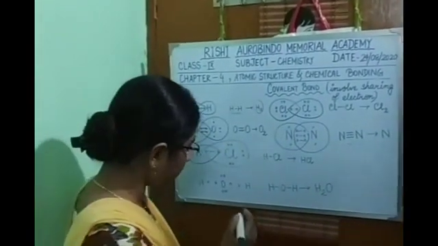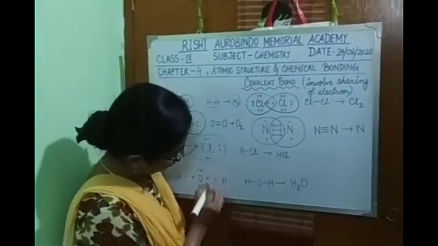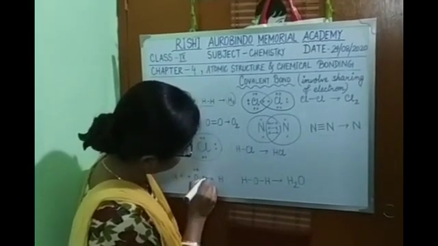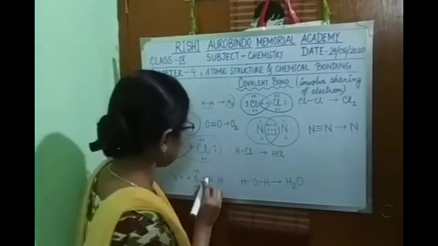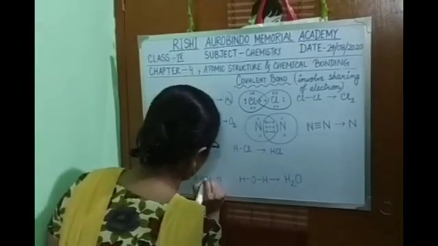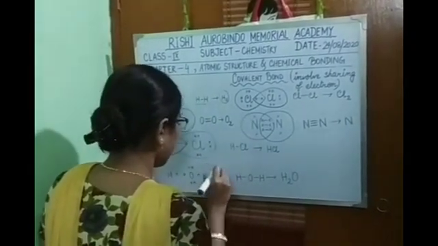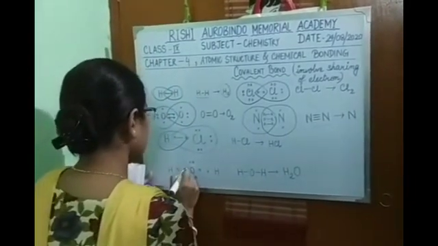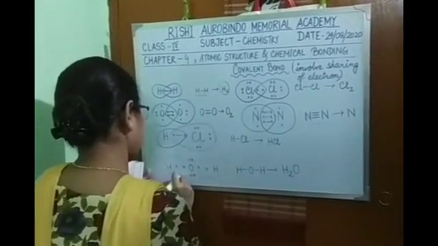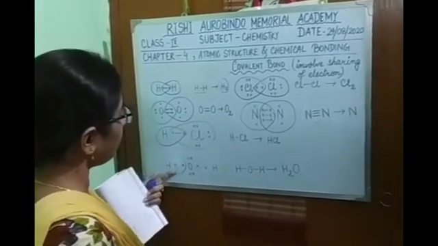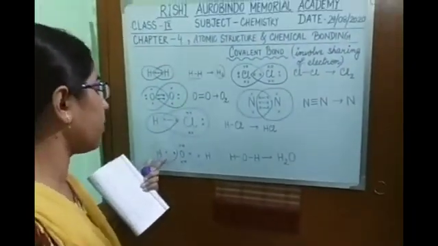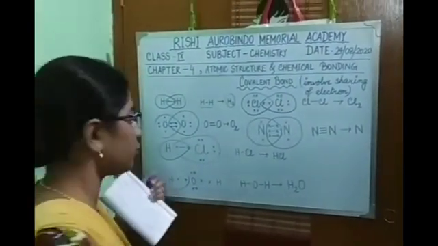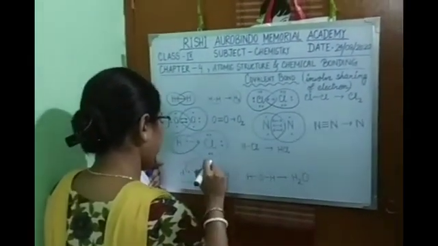So what happens, this hydrogen will share its electron with the oxygen, and here also the hydrogen will share like this. So on both sides hydrogen will have 2 electrons in its outermost shell, and oxygen will have 8.